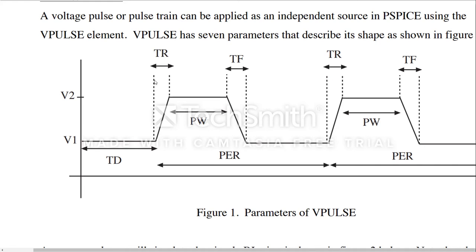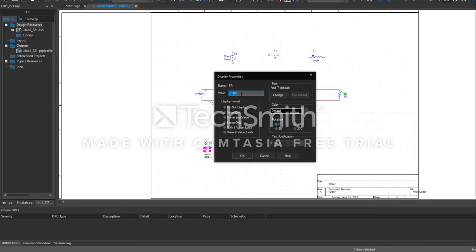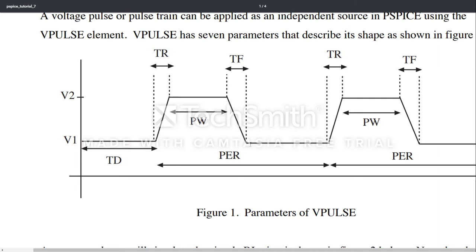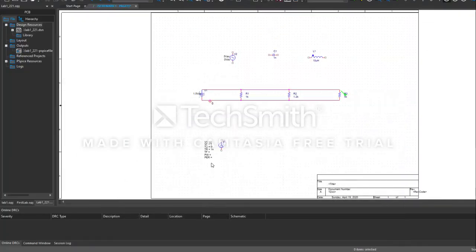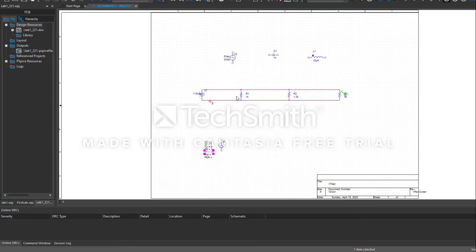TR is the rising edge, the time of the rise. I don't think you can set it to 0, but you can just set it to 1 nano. And the time fall should be the same thing, just 1 nano. Just very, very small values that are very close to 0.